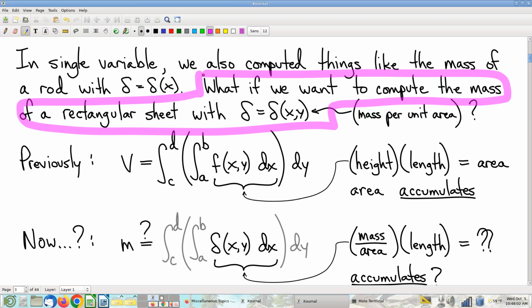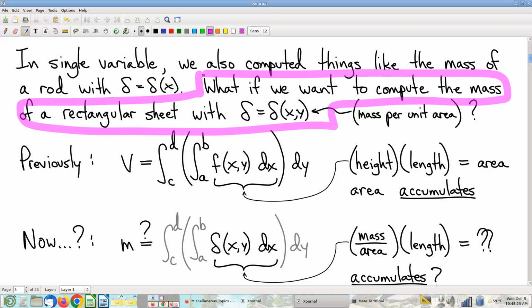So instead of having mass distributed across a length in the form of, let's say, a metal rod, what if you had a two-dimensional rectangular sheet where we have mass distributed across area? So mass per unit area is the form of density that we're interested in.